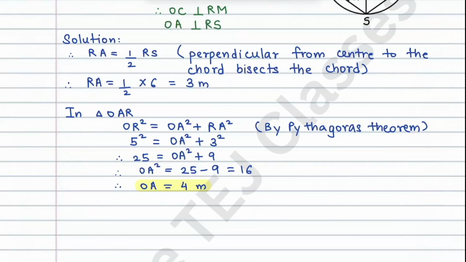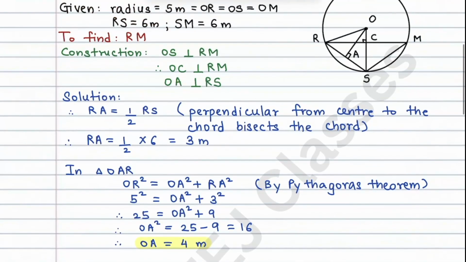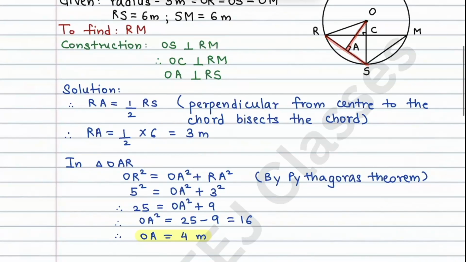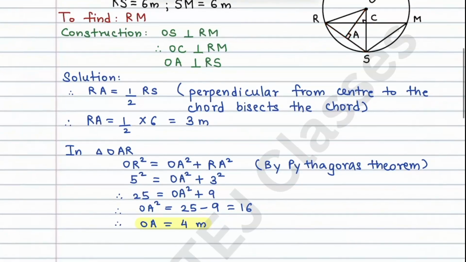Now let us find the area of triangle ORS. Formula for area of triangle is half into base into height. RS is the base, OA is the height. We know that OA is 4 meters and the base RS is equal to 6 meter.